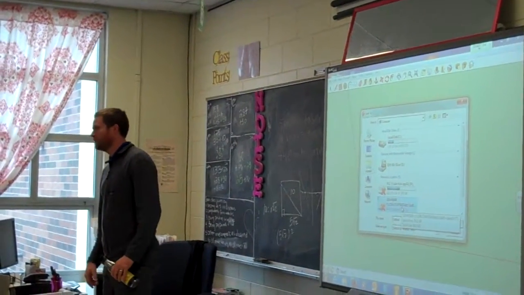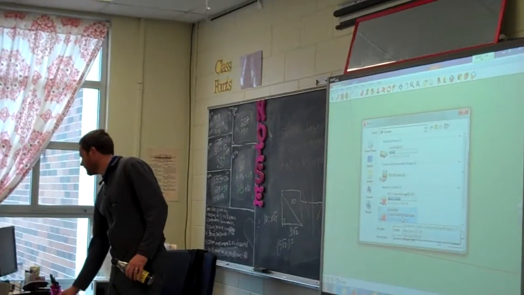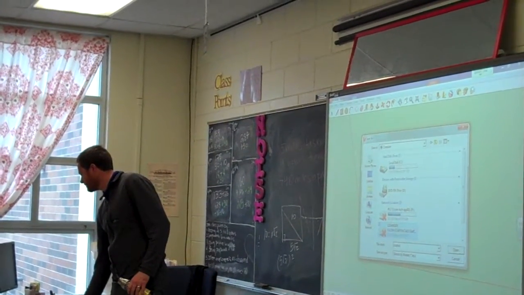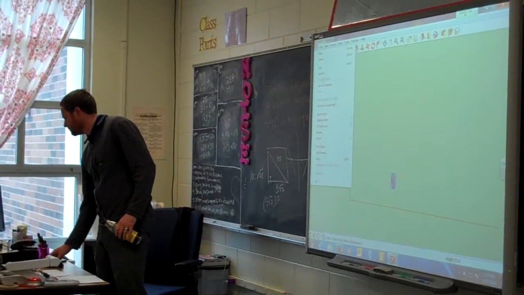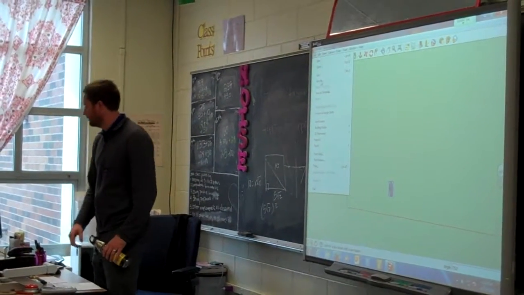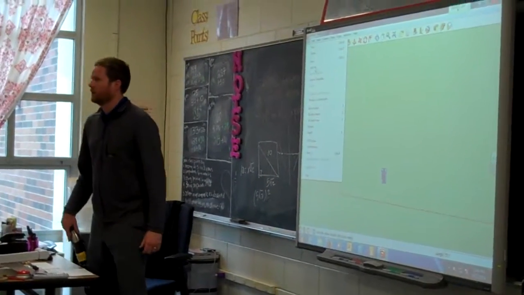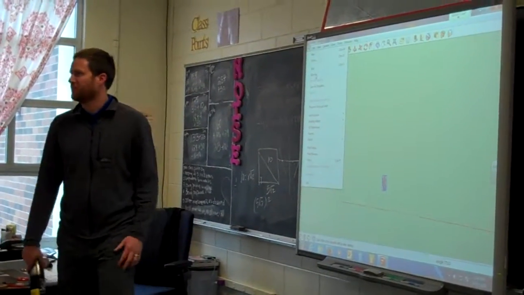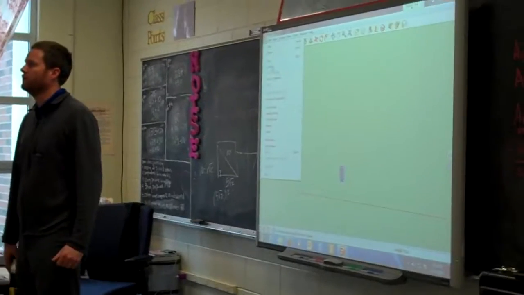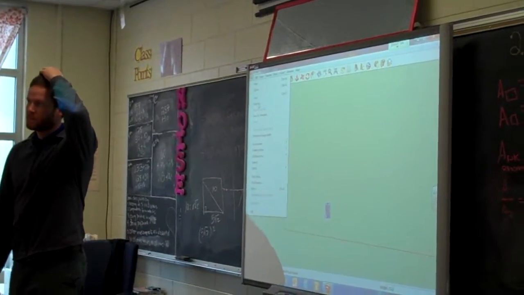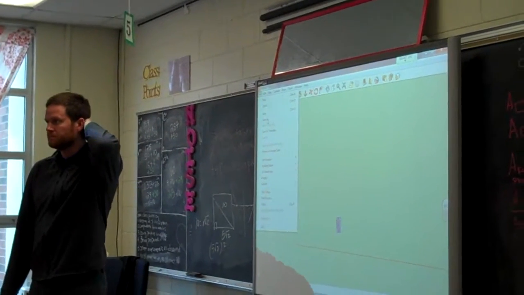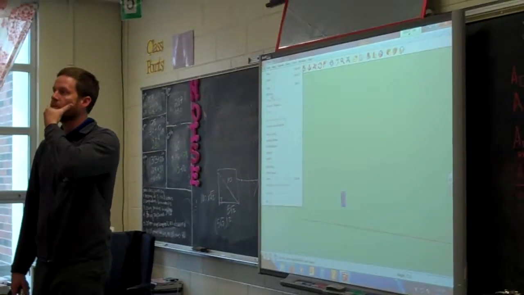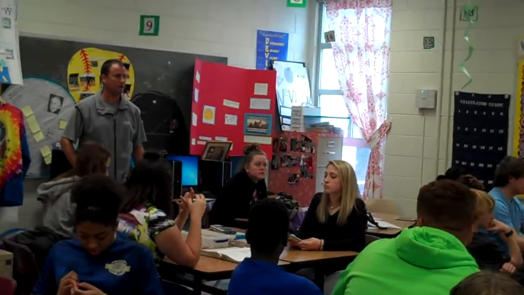I would probably recommend Google Drive. I'm all about Google Drive, but I don't know. You could also use a flash drive. Every student has Google Drive with the Fayette County email, you know that, correct? So you can use your Fayette County email and password.